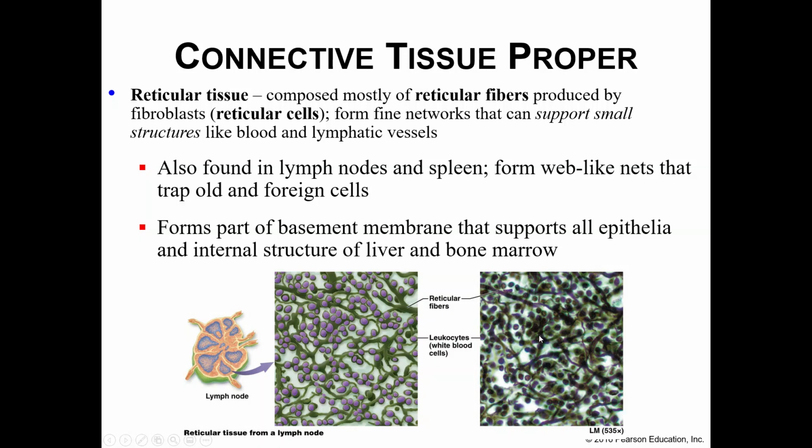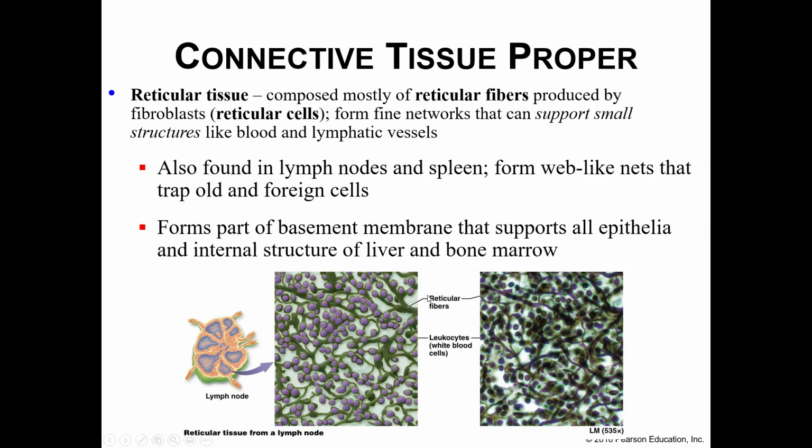Any organ that does a lot of filtration, like your lymph nodes and your spleen, that's where you're going to find a lot of this reticular tissue. It also forms part of the basement membrane of your epithelial tissues, some of the internal structures of your liver and your bone marrow as well. Your liver does a lot of filtration, and your bone marrow does a lot of cell production.